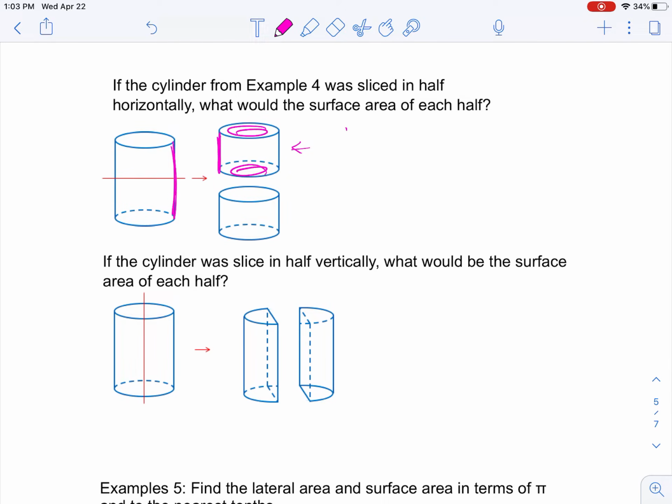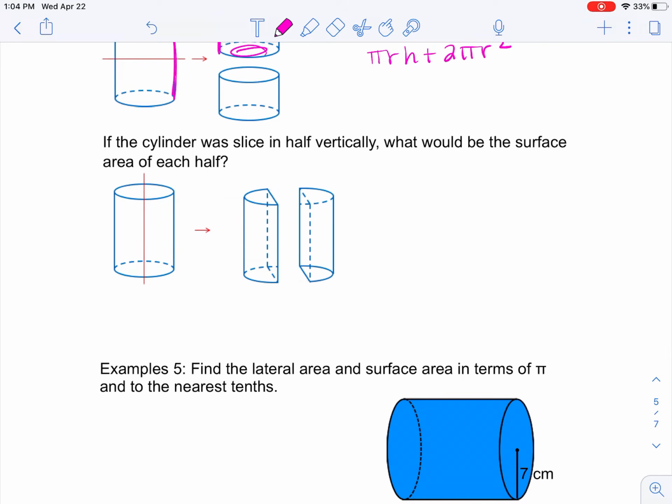So it would be 2 times pi times r times h, just like the formula says, but half of that, plus, and there's still two bases, so 2 pi r squared. So 2 times a half is 1. It would just be pi r h plus 2 pi r squared.